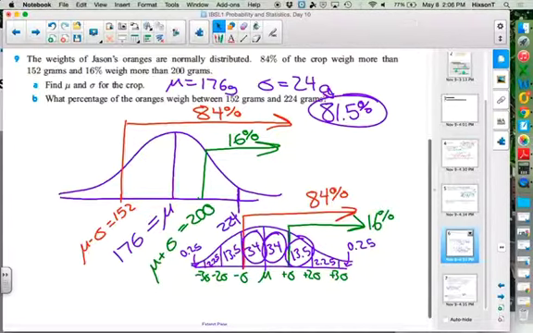Now, where it's challenging is what if we don't want just these nice ones that end up right on the standard deviation?